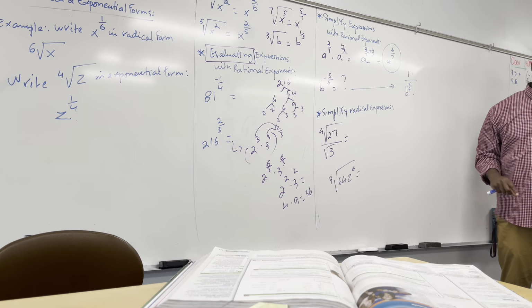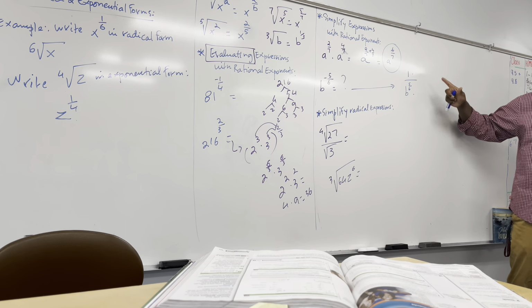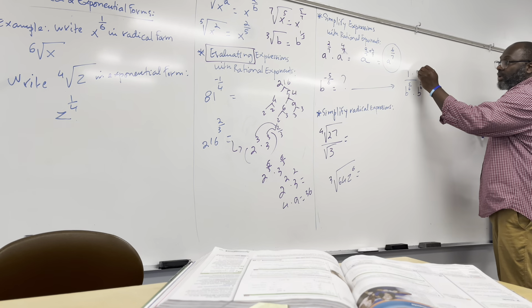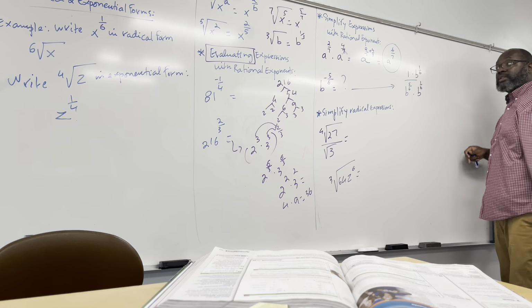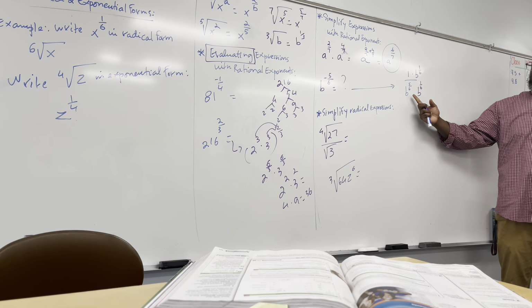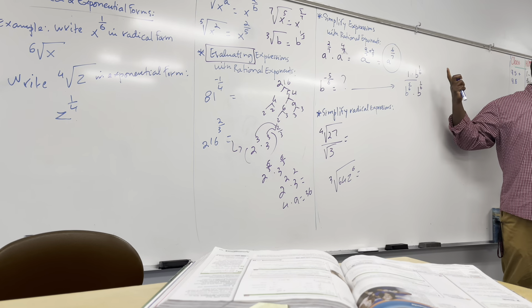So this is b to the 5 over 6. How much do I need to add to this to change that? 1. So I multiply the top and bottom by b to the 1 over 6, because now if I add the exponents, I get b to the 6 over 6, which is b to the 1.